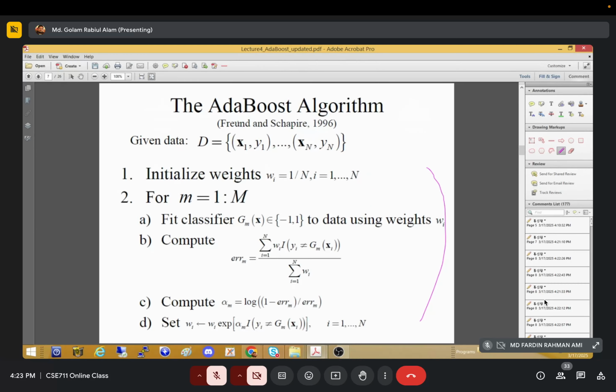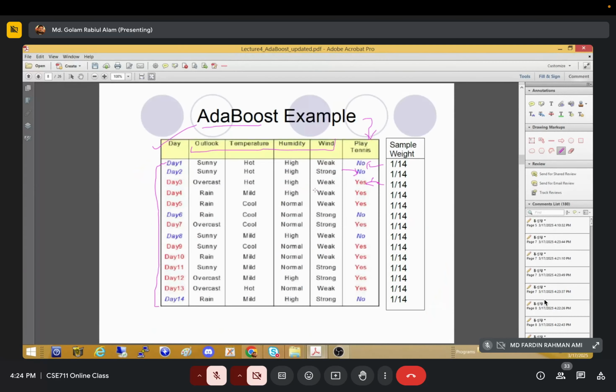We already know this algorithm, and in this algorithm the first step is the initialization step. We have to initialize each and every instance, where i equals 1 to n, with 1 by N. That is, we assign the weight of each instance as 1 by capital N. Then we need to find the capital N in our data set.